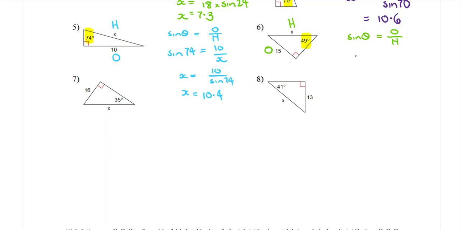Has everyone managed to label their triangle? So you should have your sine theta equals opposite over hypotenuse written down, and then try to sub the numbers in.